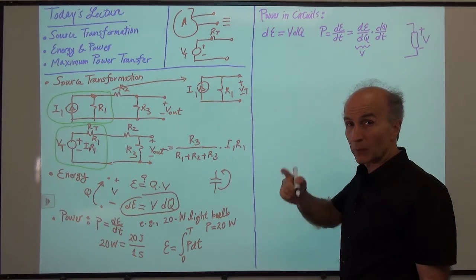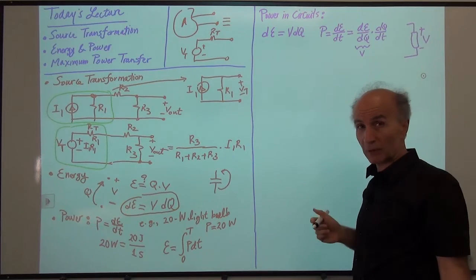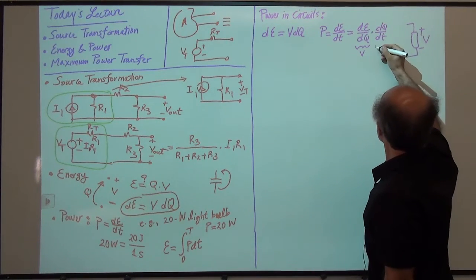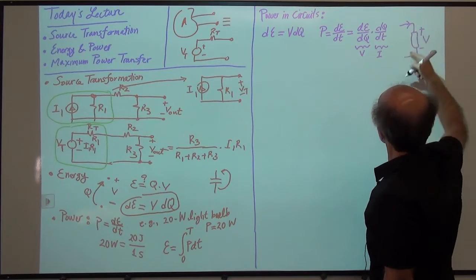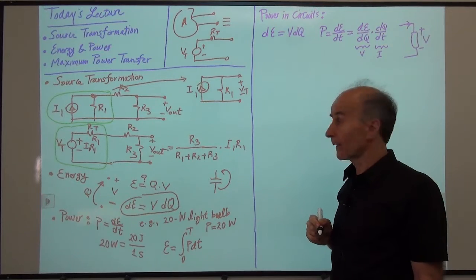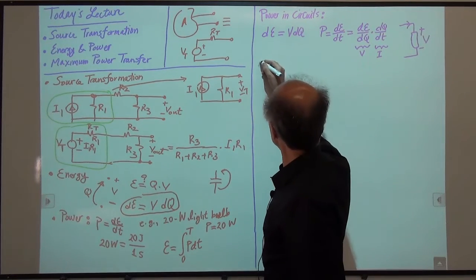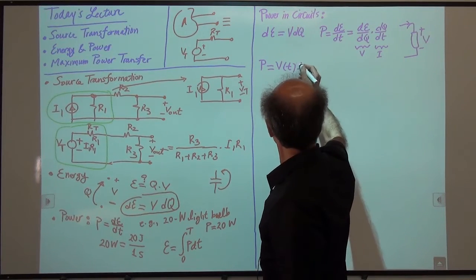It means the rate at which charge is moving through this device, right? And that's what we call current. So dQ over dt is I. That's the rate at which charge is moving. Remember the definition of the current at the beginning of this course? All right, so then that means that P in general is equal to V of t times I of t.